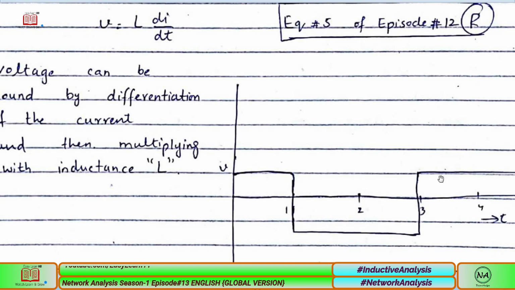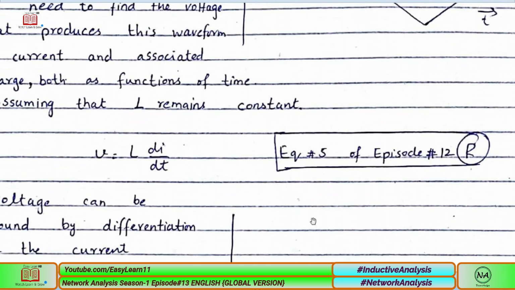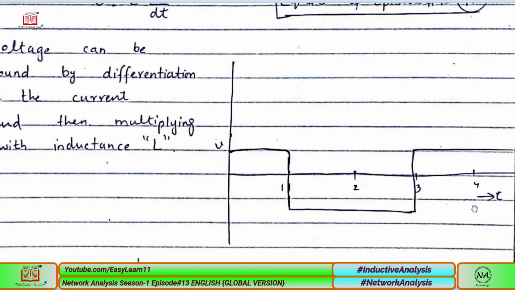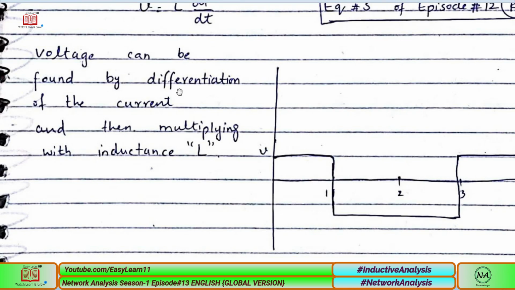This doesn't mean that this graph is actually for this waveform. This is a general graph, and with the passage of time it shows a sinusoidal behavior for the voltage as well, and voltage can be found by differentiating the current and multiplying with the inductance according to the formula.